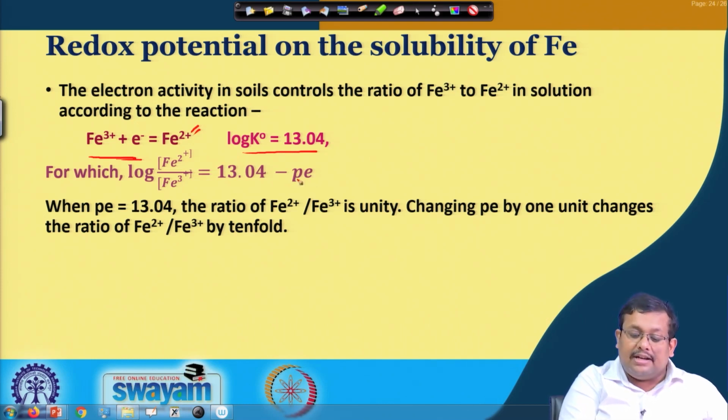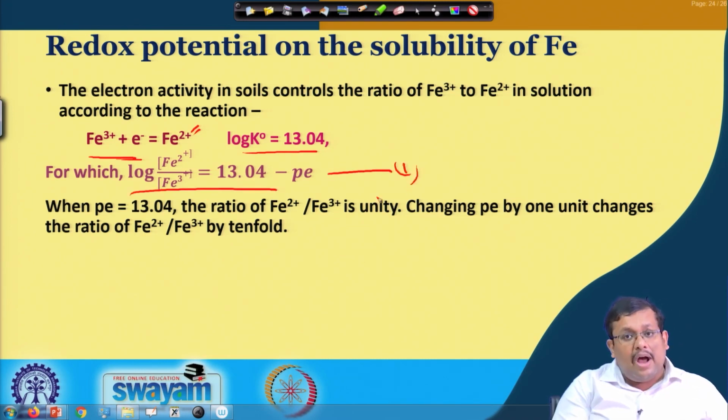Now, we know that the logarithm of the reduced species over the oxidized species equals log K0 minus pe. We already know that. So, inputting this value of log K, we get this reaction. Let us consider this reaction 1: log of Fe2+ over Fe3+ equals 13.04 minus pe.